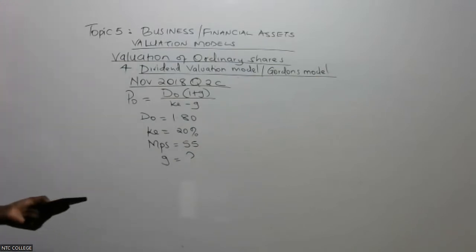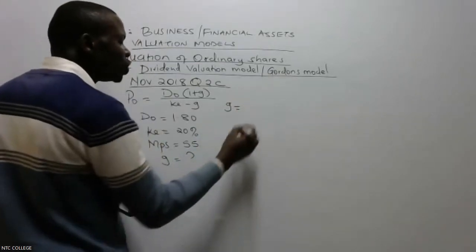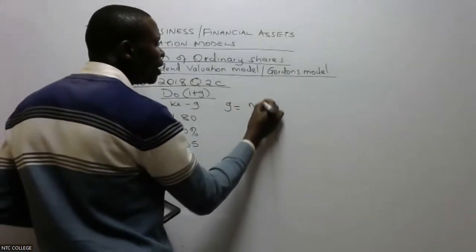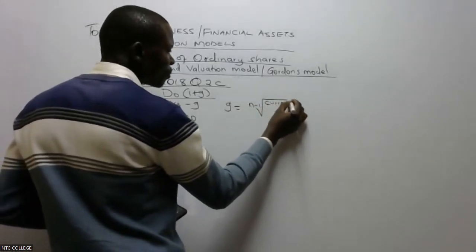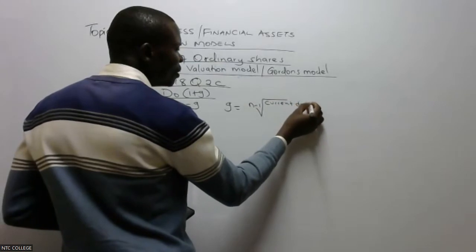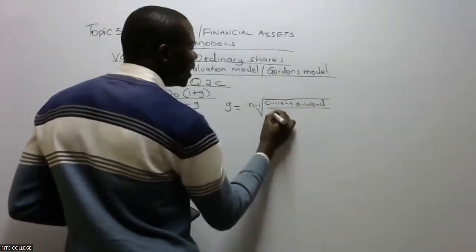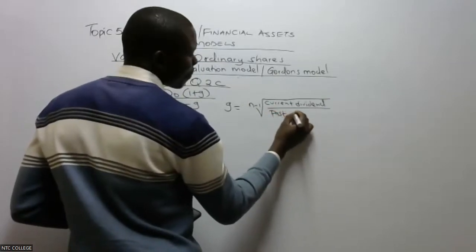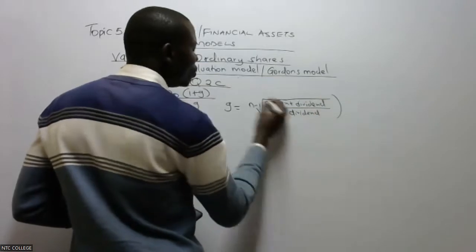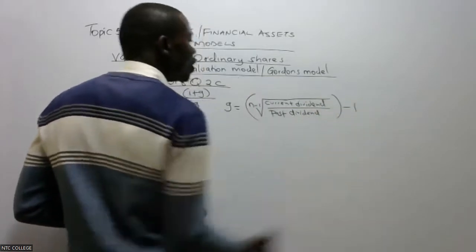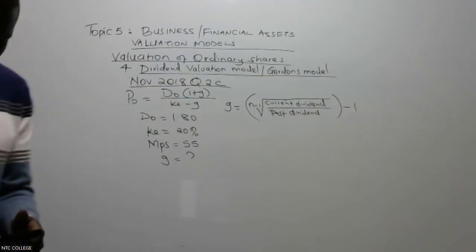Then how will we get our g here? We shall say that g is equivalent to the n minus 1 root of current dividend divided by past dividend. The answer that you get, you less 1.